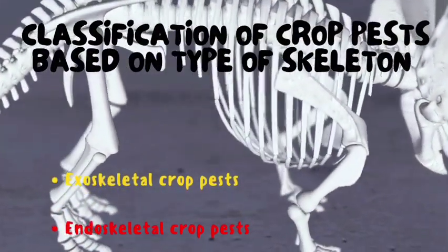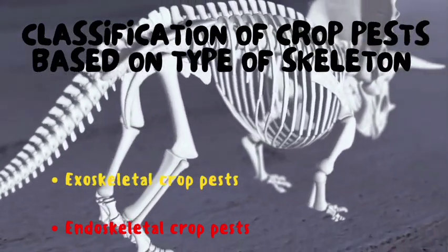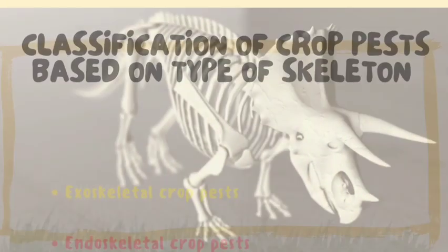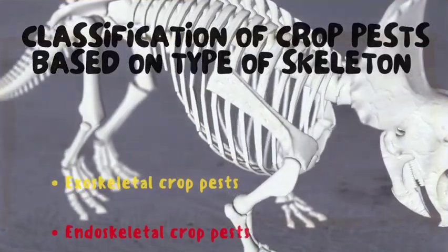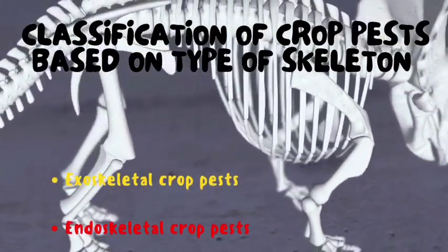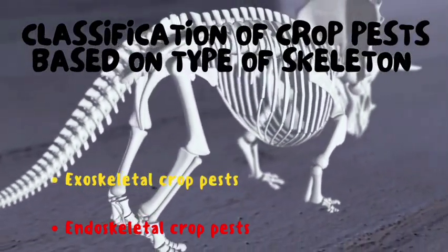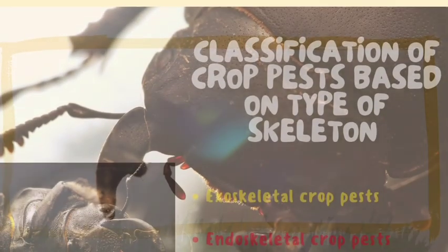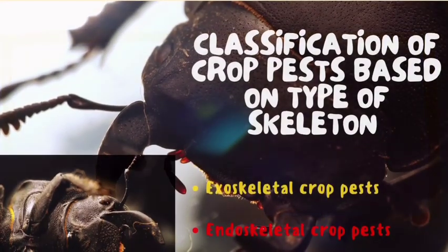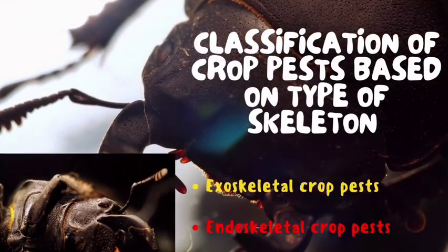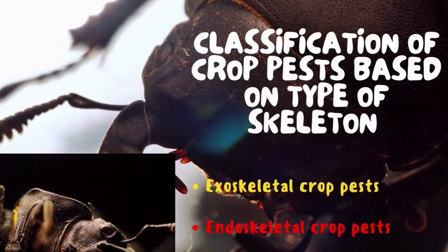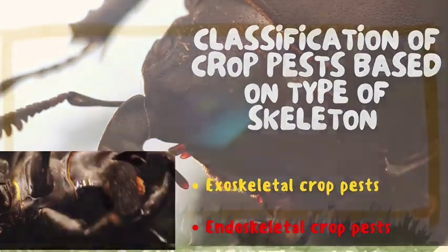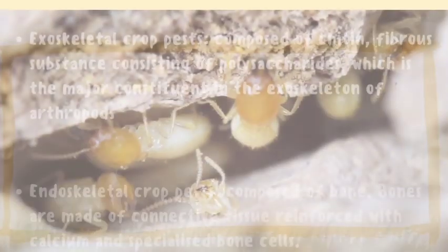Now, classification of crop pests based on type of skeleton. First is the exoskeletal crop pest and the endoskeletal crop pest. Exoskeleton, as the name implies, means outside. It is a skeleton that covers an animal on the outside, different from endoskeleton, which is the skeletal structure found inside an animal.